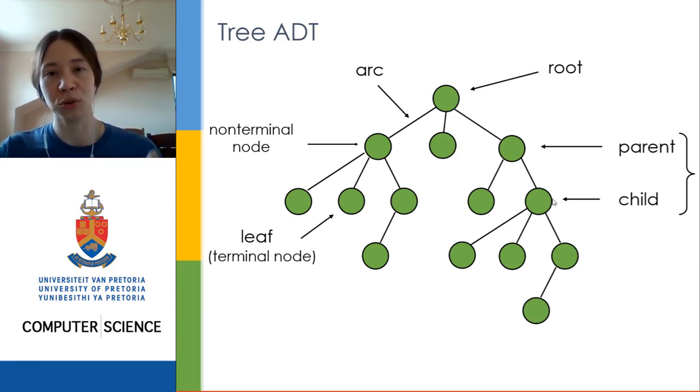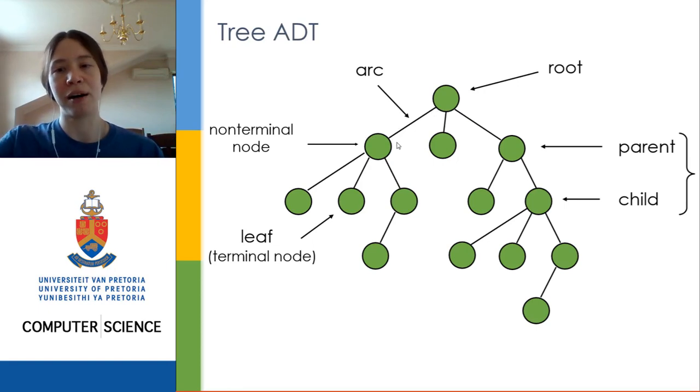Any two adjacent nodes can be classified as the parent and the child. So two adjacent nodes are the nodes that are actually connected by an arc. If two nodes are connected by an arc, then we will say that the node above is the parent and the node below is the child.